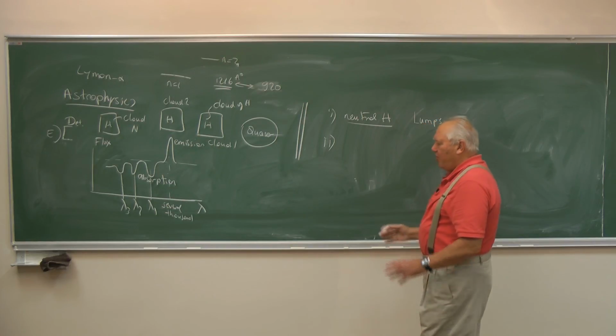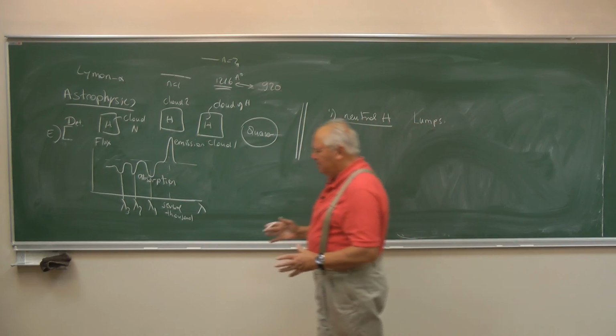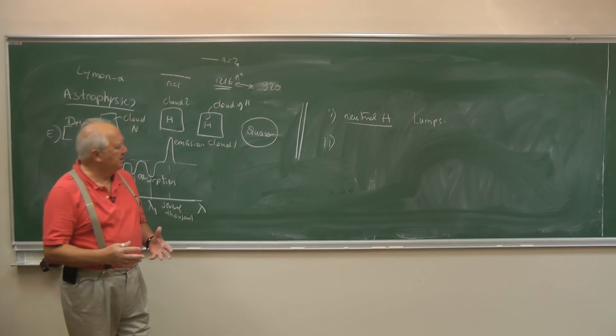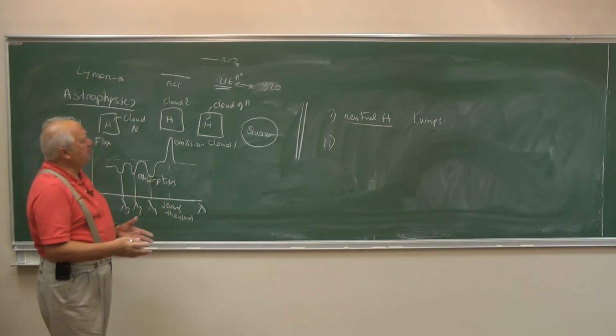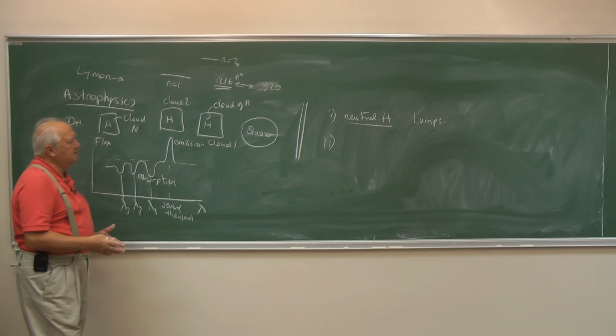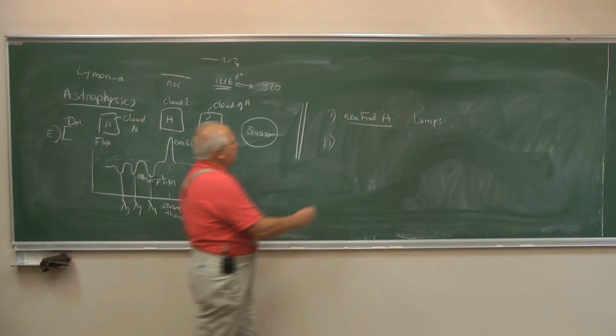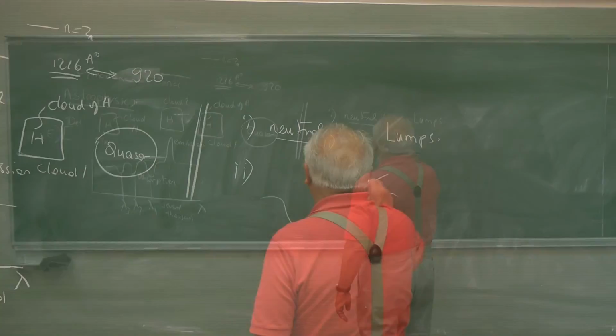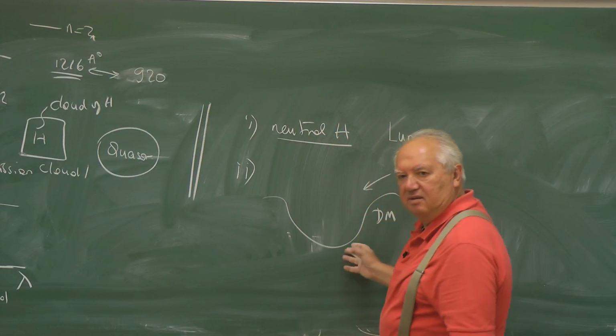It is because matter provides an attraction, gravity, and most of the matter is what we call dark matter. So if there is a potential well of dark matter, hydrogen will be attracted to that.